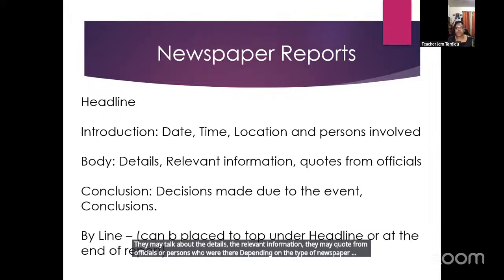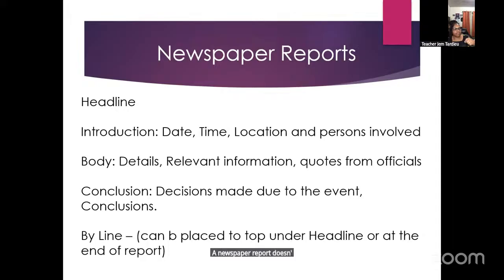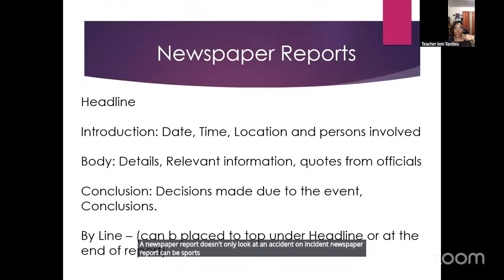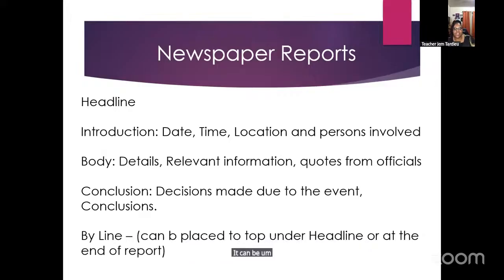A newspaper report doesn't only look at an accident or an incident. Newspaper reports can be sports, it can be weather, it can be any newsworthy information. It could be a new discovery.